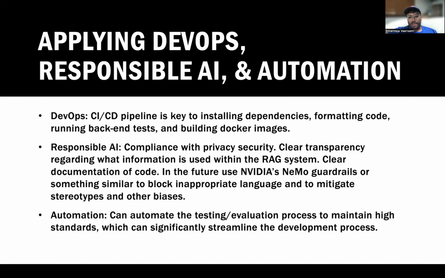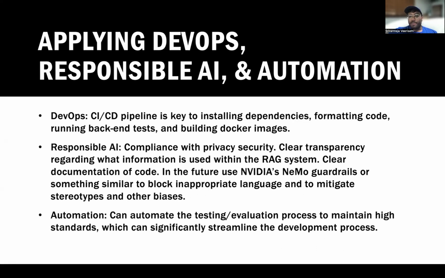When it comes to responsible AI, I think there's a couple of things I want to talk about. Number one, I think you have to comply with the privacy security, especially since my application is a healthcare application. It needs to be wary of PHI as well as the United States regulatory standards when it comes to using health information of individuals.